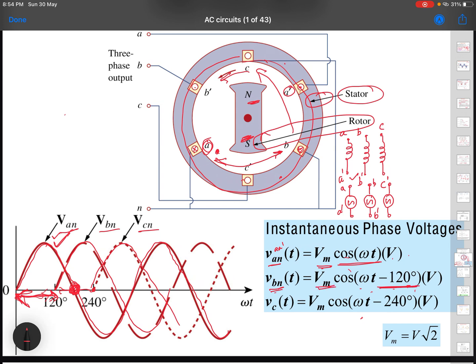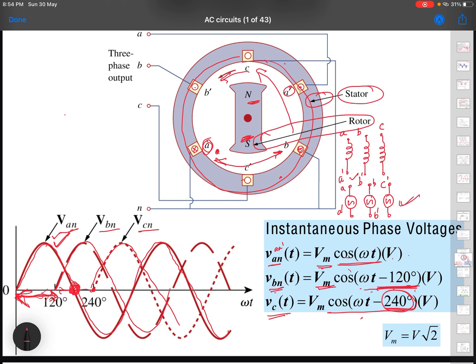The same voltage would be generated because it is in the same condition, except it is generated 120 degrees apart. Similarly, VCC dash would be the same way, but with an angle of 240 degrees. So these are the three voltages which are generated.